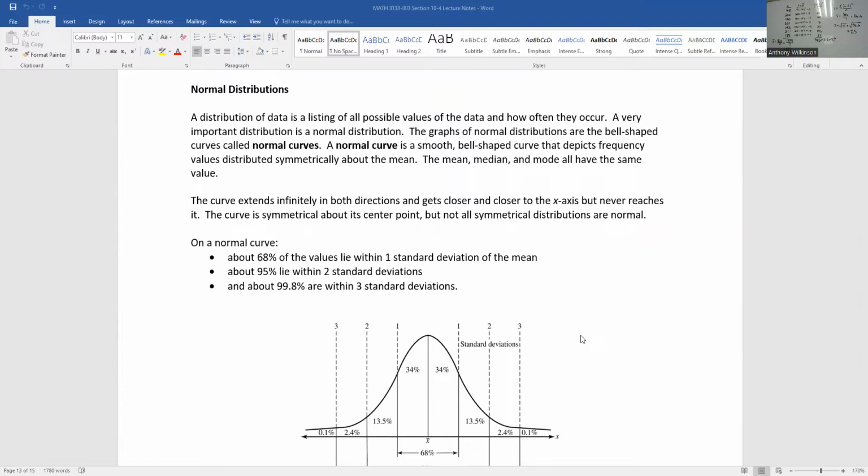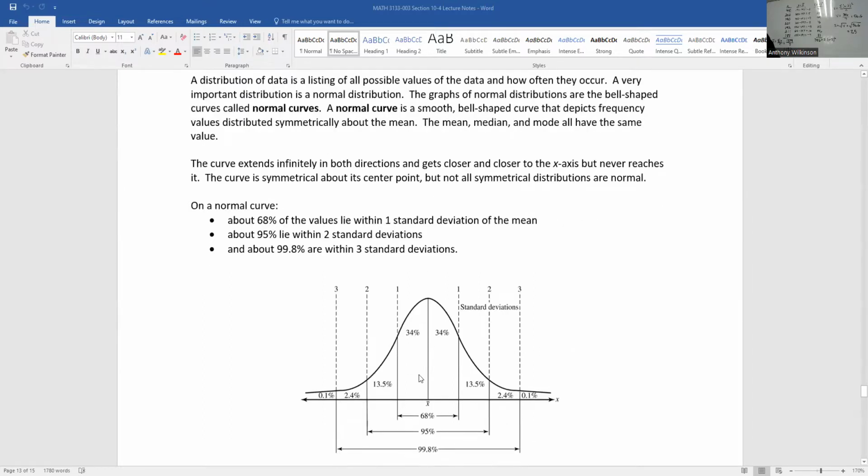The graphs of normal distributions are usually bell-shaped curves, which are called the normal curve. It is a smooth bell-shaped curve that depicts frequency values distributed symmetrically about the mean. And the mean, median, and mode all have the same value. So usually it's going to be at the center of the curve.